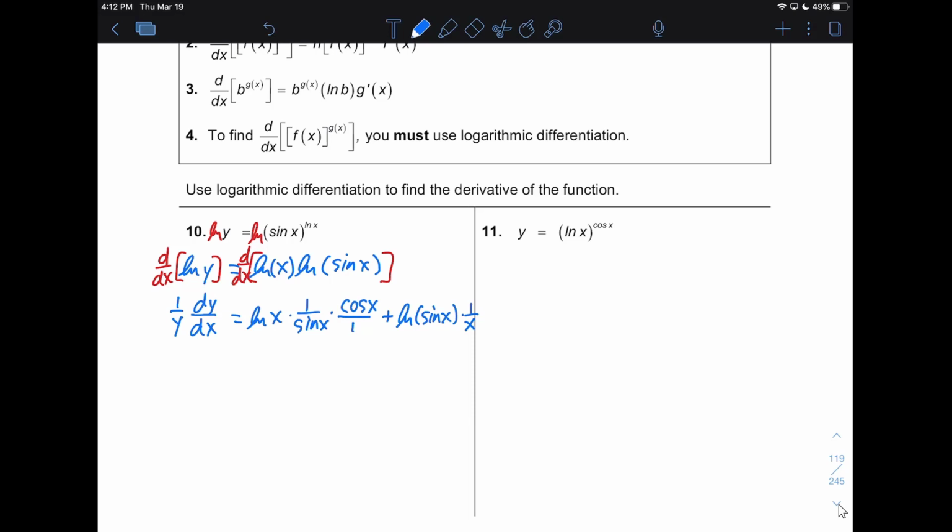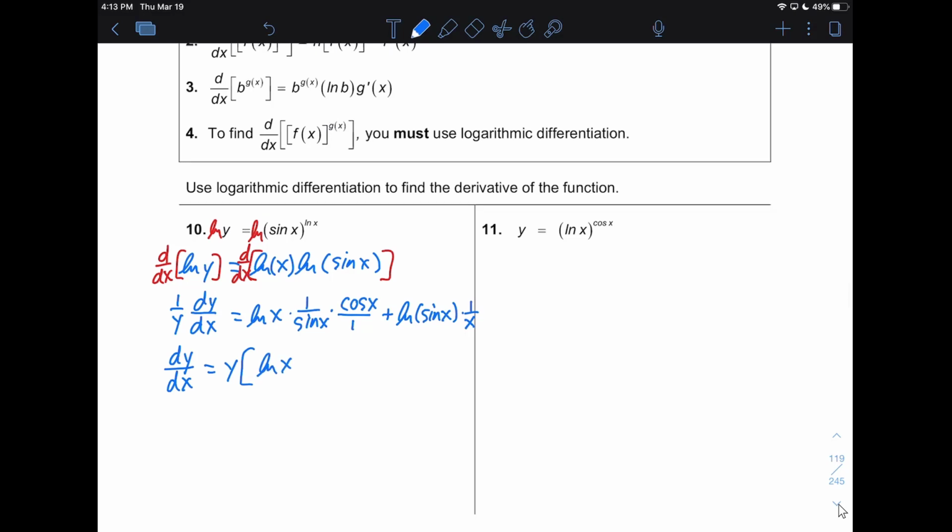And next thing I'm going to do is I'm going to multiply both sides by y. So we get dy dx equals y times, and I'm going to simplify what's in here, so I'm going to have ln of x, and then cosine of x divided by sine of x is cotangent of x.